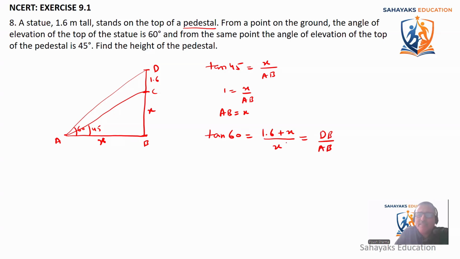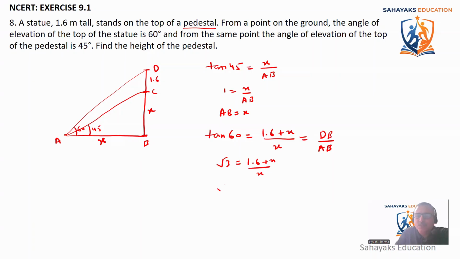DB is 1.6 plus X and AB is X. So what's the value of tan 60? We know it is root 3. So it becomes root 3 is equal to 1.6 plus X divided by X.